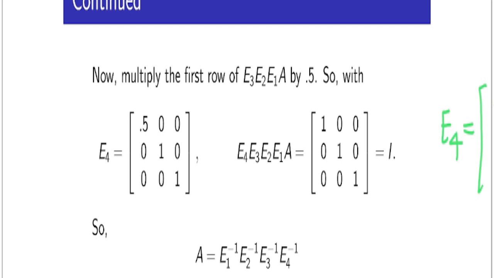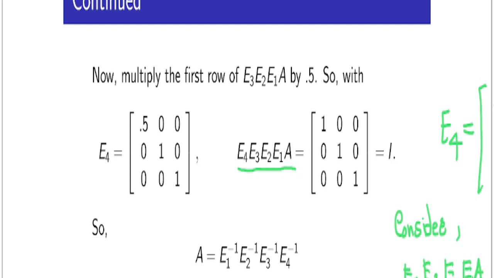Take this operation E4 into E3 E2 E1 A, which is equal to half 0 0, 0 1 0, 0 0 1 into the matrix 2 0 0, 0 1 0, 0 0 1.